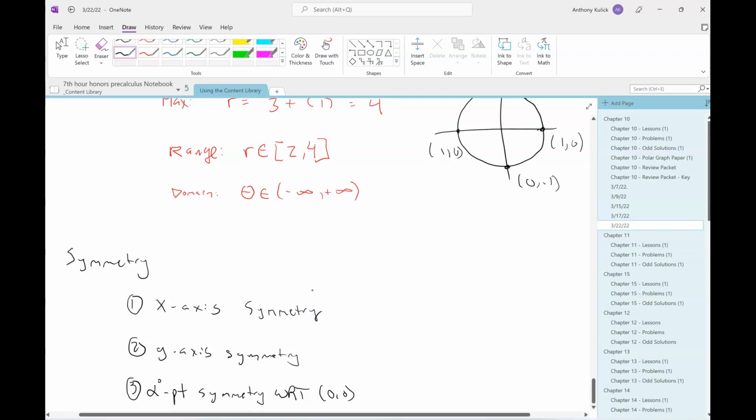WRT is just my abbreviation for with respect to. It's a fairly common abbreviation in mathematics. I didn't make it up.